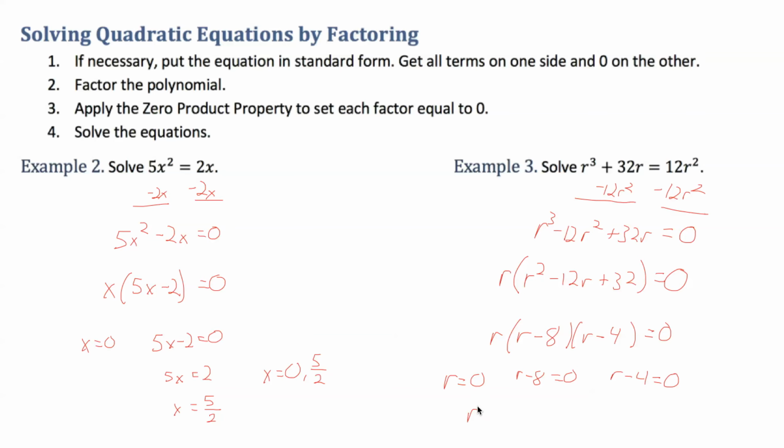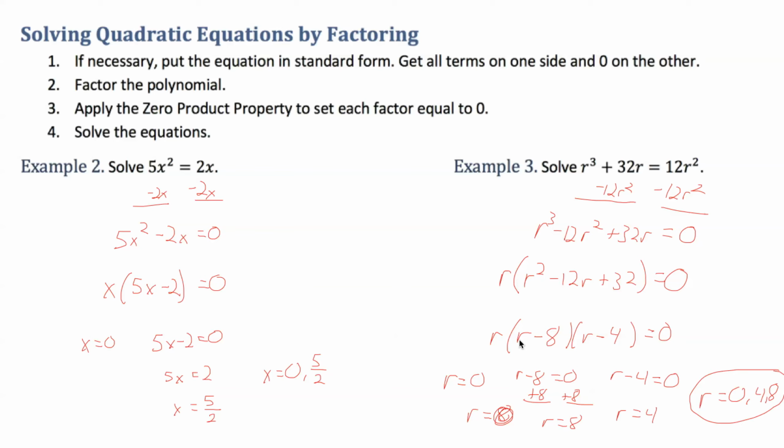So either r equals 0, add 8 to both sides here, and we get r equals 8, add 4 to both sides, and we get r equals 4. So our answer is r equals 0, 4, or 8.